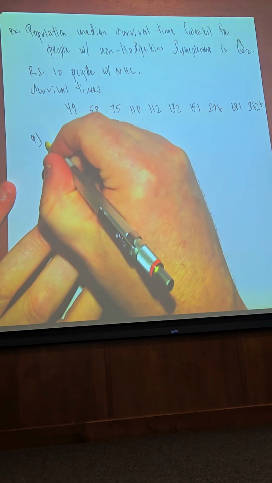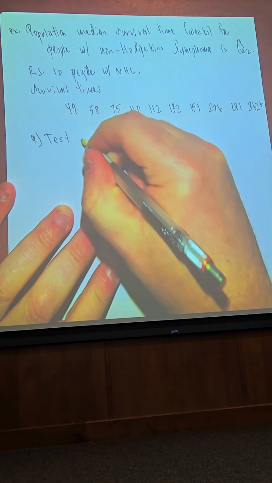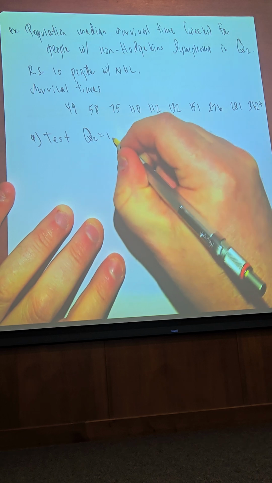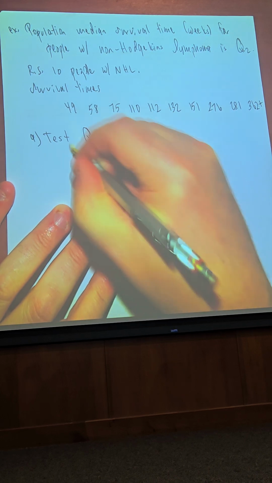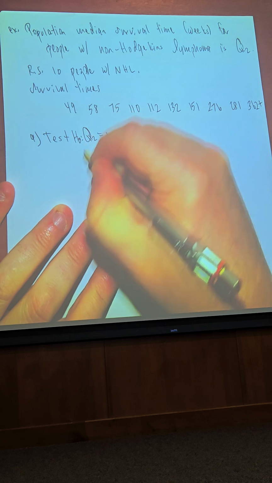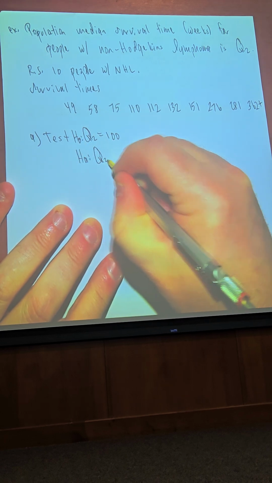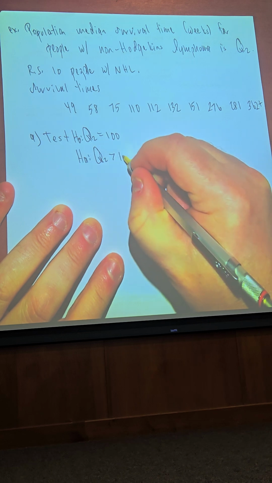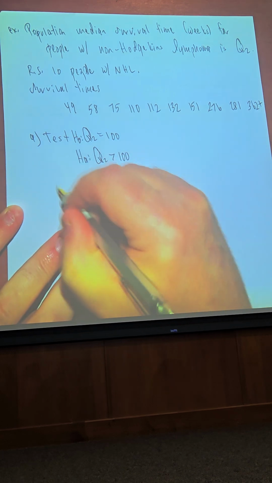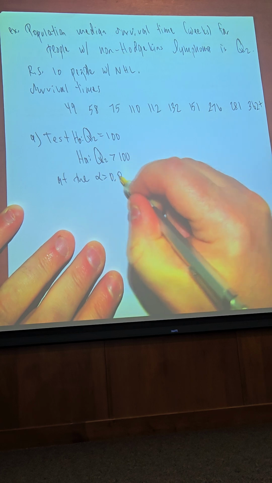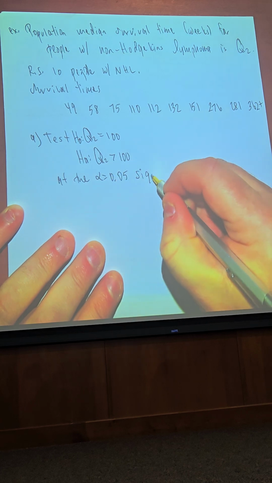Let's test the population median survival time is 100 weeks. This is my null hypothesis, versus the alternative that my population median survival time is greater than 100 weeks. Let's test this at the alpha equals 0.05 significance level.